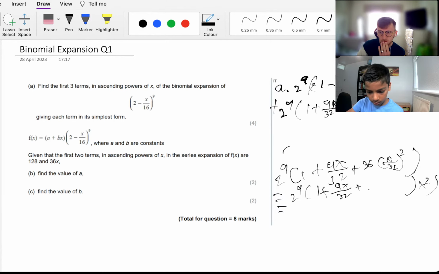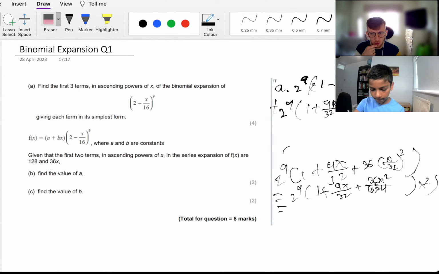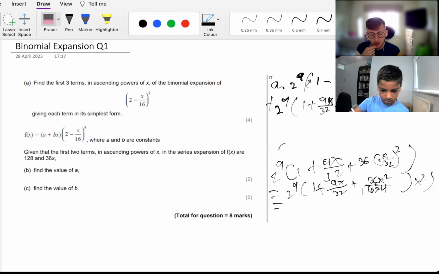Right, so then what you can do is 36 divided by 1024 x squared, and I'm pretty sure that can simplify to 36 over 1024 times by 2 to the 9. 2 to the 9 is 512, gives us 18 when you expand it.